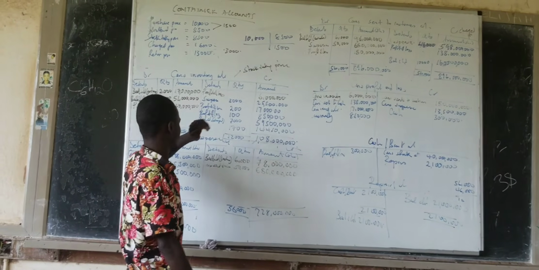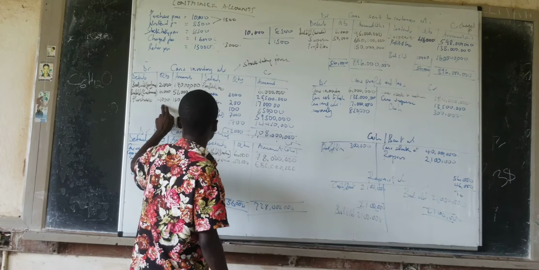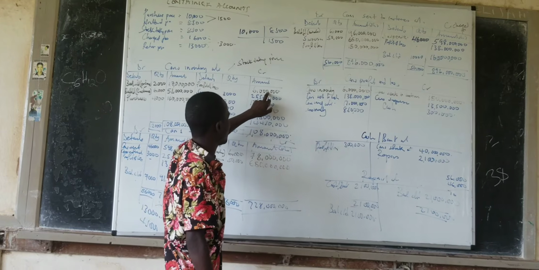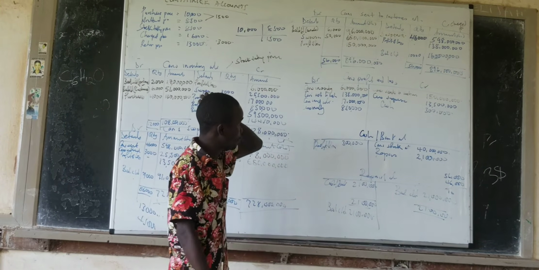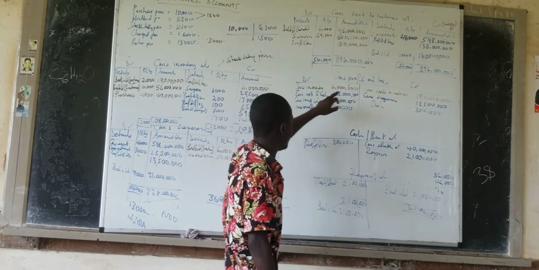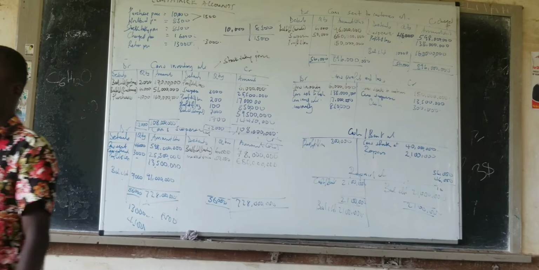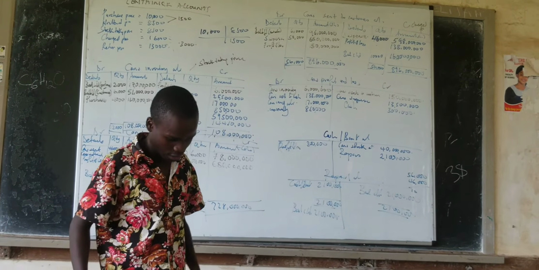So for that case, you have in profit and loss 4,000 times the loss, which is 1,500, you end up getting 6 million. This 6 million is a loss. So it goes in your profit and loss on the debit side, because you know very well that losses and expenses are debited. So that's how that transaction is treated.